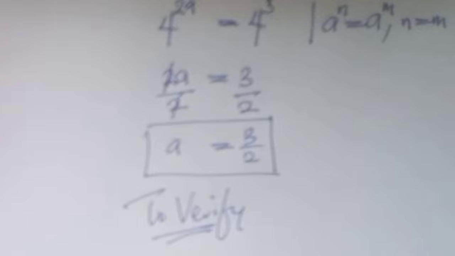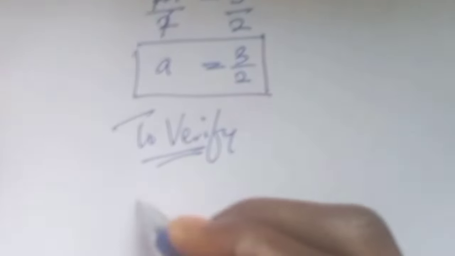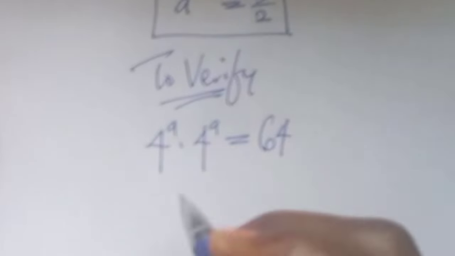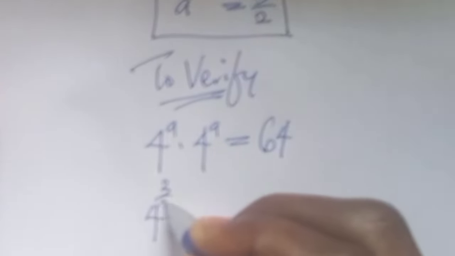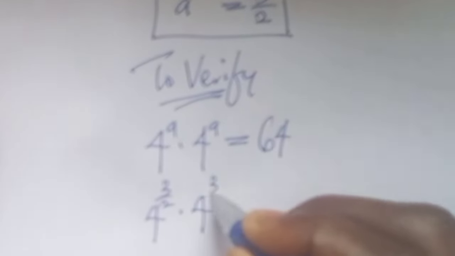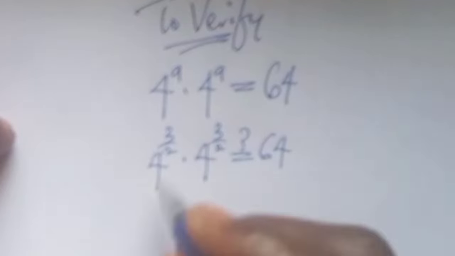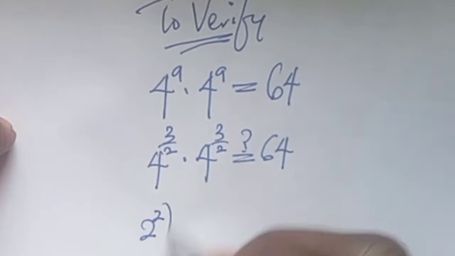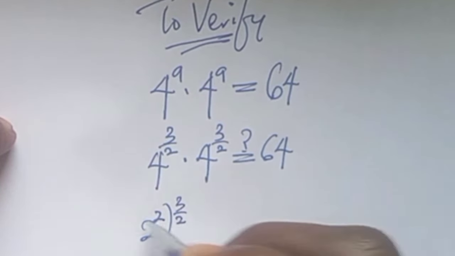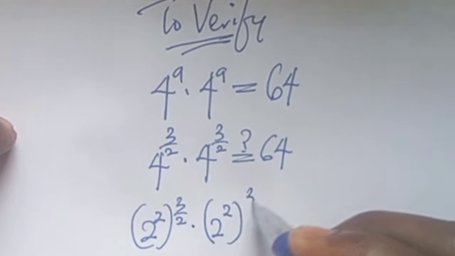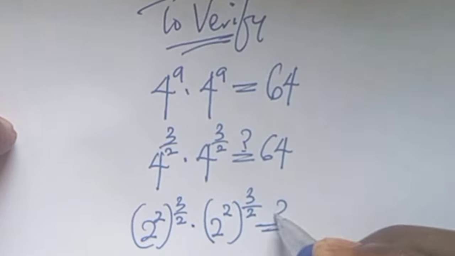And to verify the value of a, from our original equation, 4 to the power of a times 4 to the power of a is equal to 64. So 4 to the power of 3 over 2 times 4 to the power of 3 over 2, can this be equal to 64? And we can write 4 as 2 squared, so 2 to the power of 2 to the power of 3 over 2 times 2 to the power of 2 also to the power of 3 over 2. Can this be equal to 64?